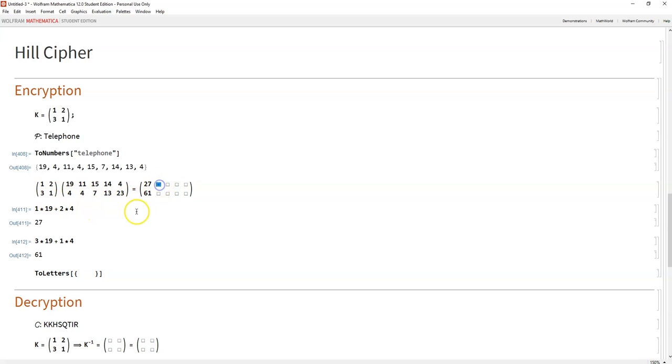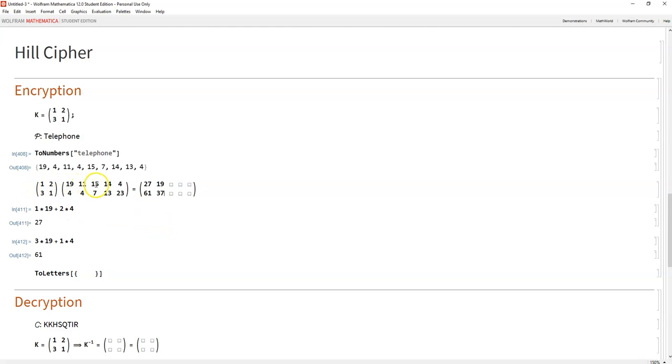All right, so for my next column, I'm going to again use my first row, second column. So I'm going to get 11 plus 8, which is 19. And then second row, second column: 33 plus 4, that should be 37.